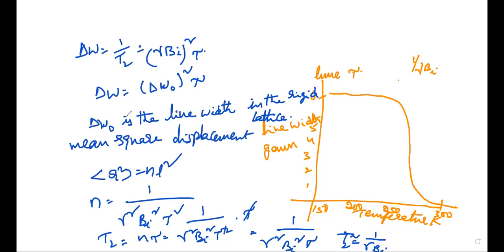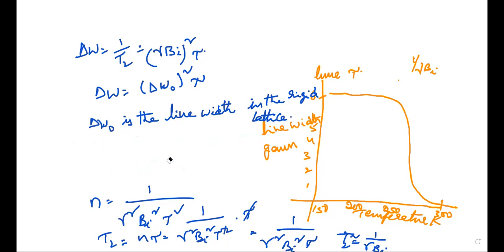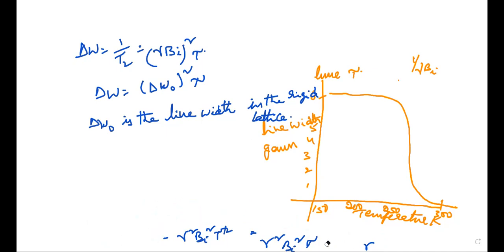Here this argument assumes that delta W naught into tau is much less than 1.